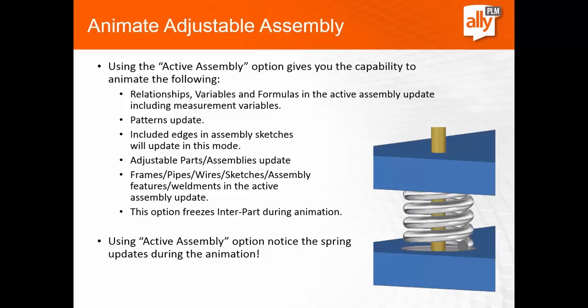Frames, pipes, wires, sketches, assembly features will update. What this does is it also freezes inner part relationships during the animation. So if we use this active assembly option, we can now get those adjustable parts or adjustable subassemblies to update.